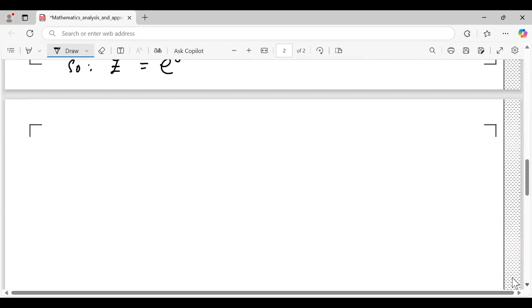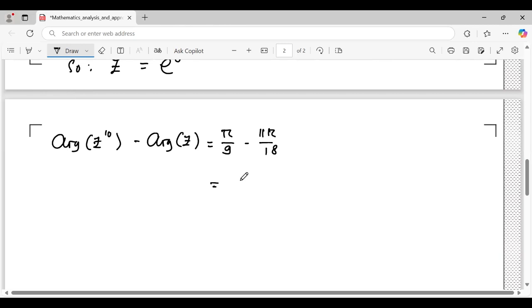And the next step, we need to find the difference between argument of z to the power 10 and argument of z. So argument of z to the power 10 minus argument of z. So this is pi over 9 minus 11 pi over 18.